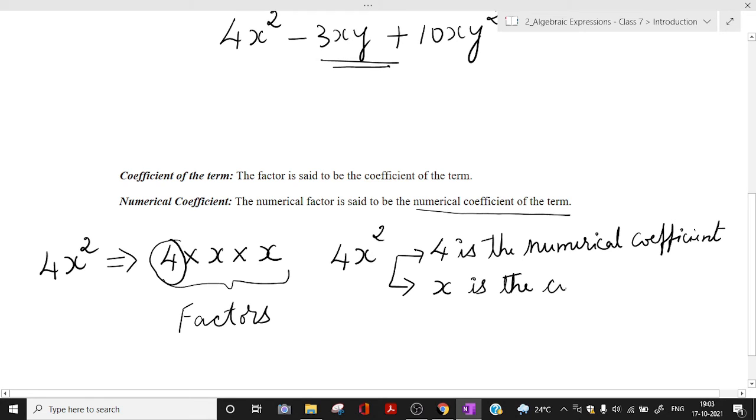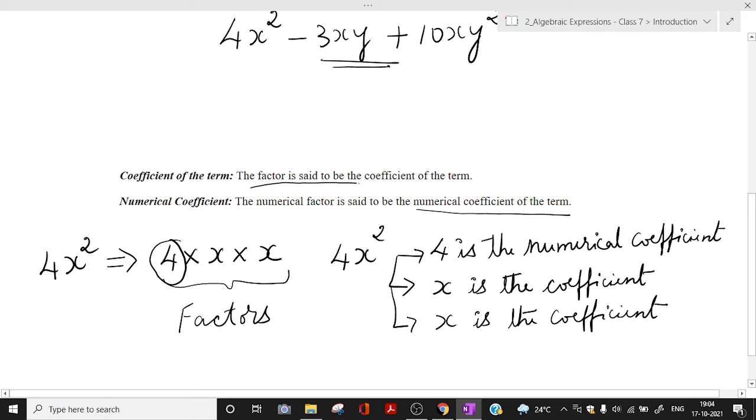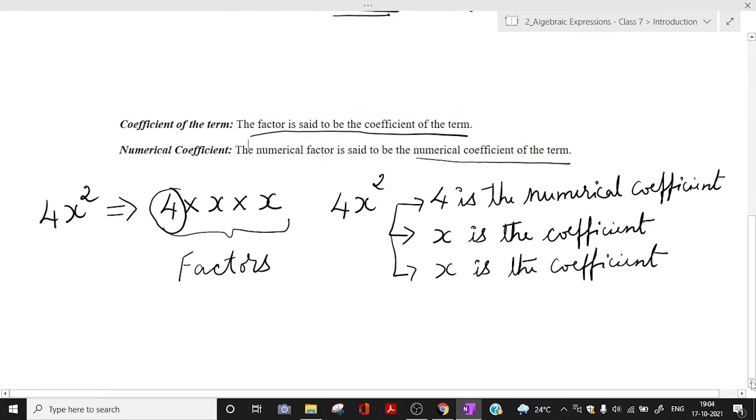So x is also a coefficient. We have x squared, so there are two x's. x is also the coefficient. So what are 4, x and x? These are the factors. So the factor is said to be the coefficient of the term. The numerical factor is nothing but the numerical coefficient of the term.